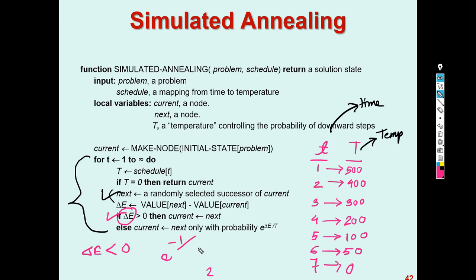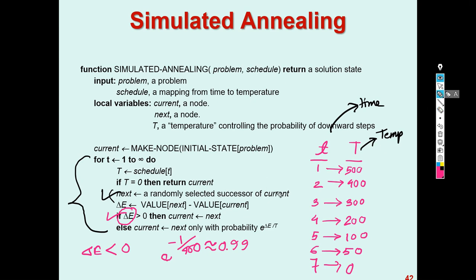Let's say the higher temperature is 400 for now. So let's calculate the value of the probability. The probability value is very close to 1, that means 0.99. So at higher temperature, we're almost always accepting a bad state.